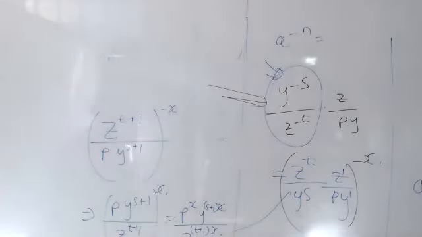Excuse me. Yes, go ahead. Was it correct to do the p to the power of x, y to the power of sx plus x, over all that over z to the power of x plus t? Yeah, it's okay.